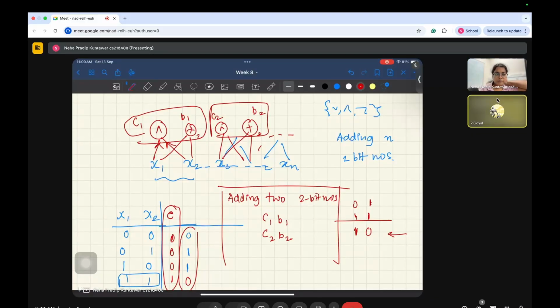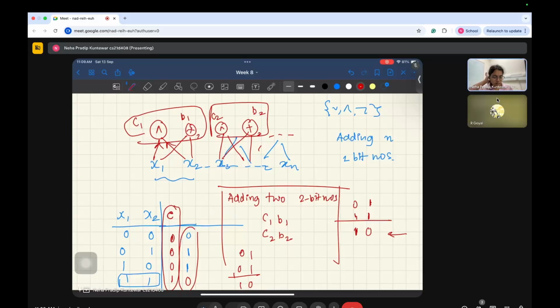Like if I add 01 with 01, then I should get the algebraic sum. So I should get the value as 2, algebraically, but in this case, I will get this value as 3 1.